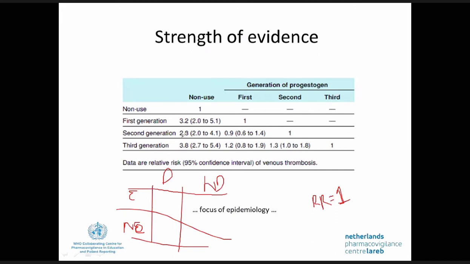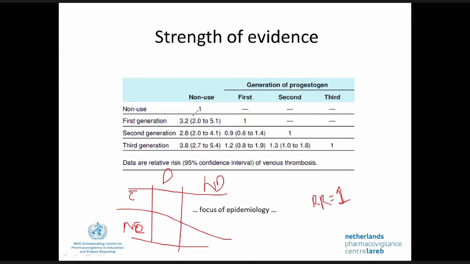And with second generation, if your relative risk calculation gives you 2.8, you'd still say that there's an association. And if there's exposure to third generation progestogens, and your relative risk calculation gives you 3.8, you'd say that there's also an association between exposure to progestogens and the occurrence of venous thrombosis.